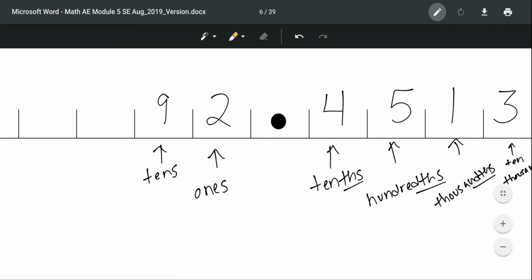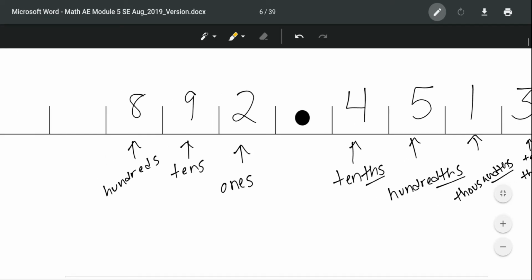Then if I keep adding to my number, I would have 892. So 8 is in the hundreds place. So 892 and 4,513 10,000ths.